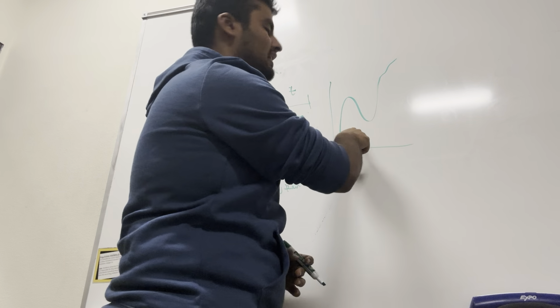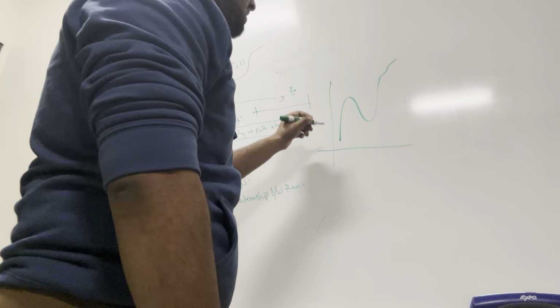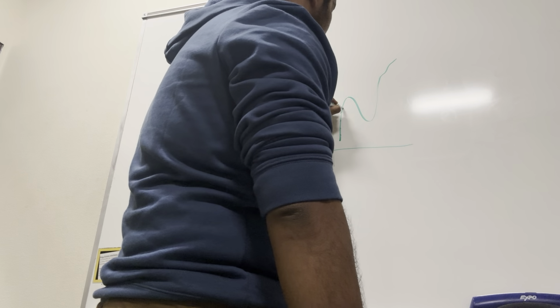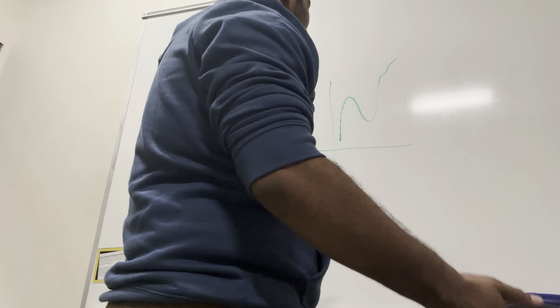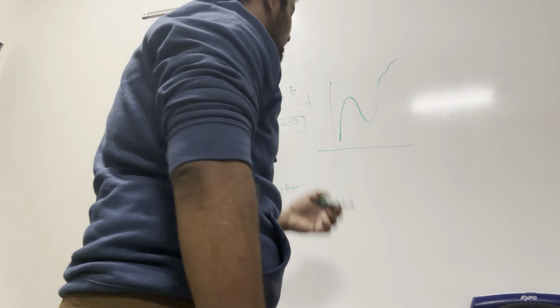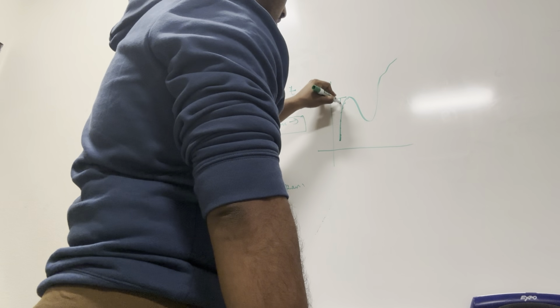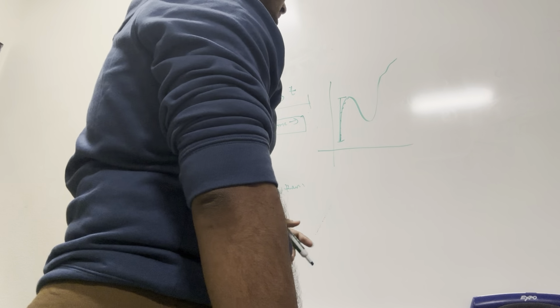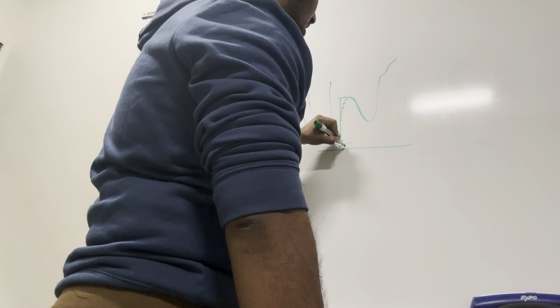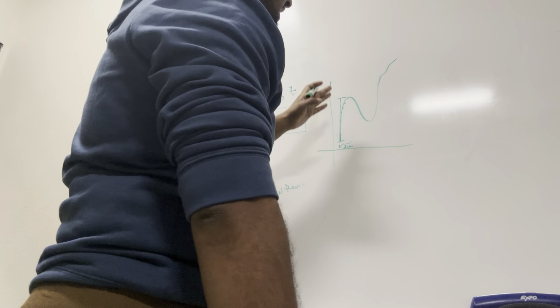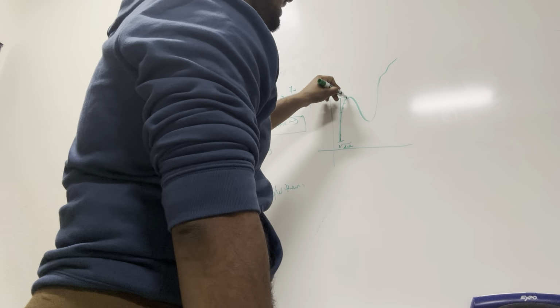For example, if I am taking a path that looks like this, at every point in this path, I am doing something different. For example, all this distance that I covered here, I did it in a short amount of time. So my velocity is increasing.